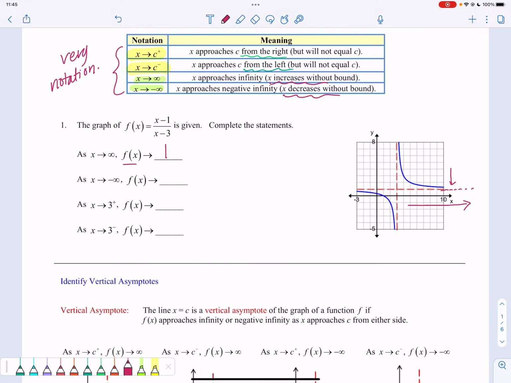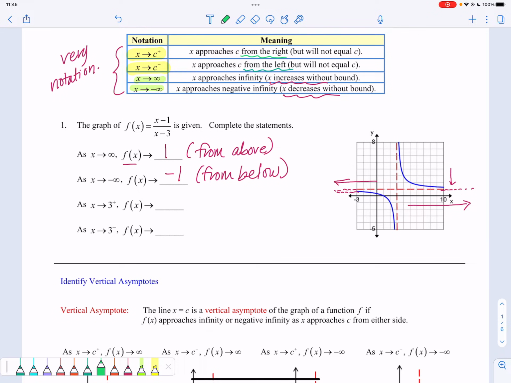As x approaches negative infinity, you can see how these y values are getting very close to 1, and we are approaching 1 from above. Approaching negative 1 from below. Now let's approach a value.